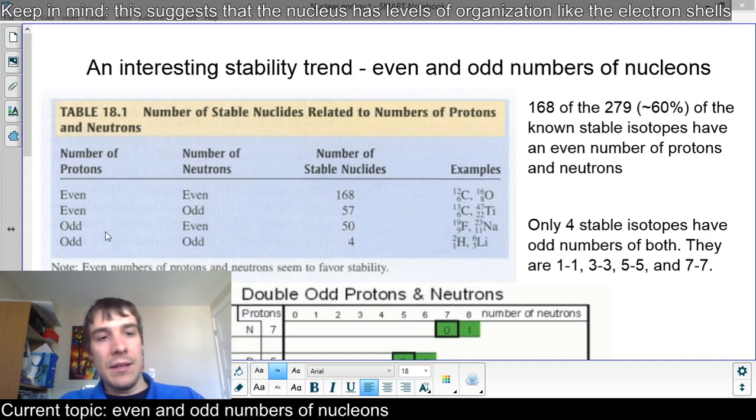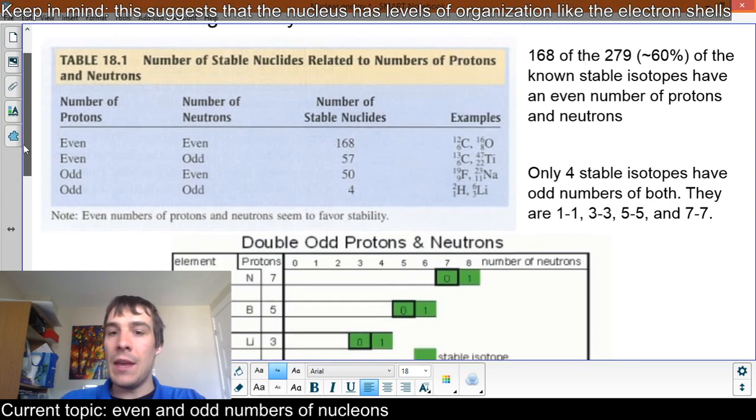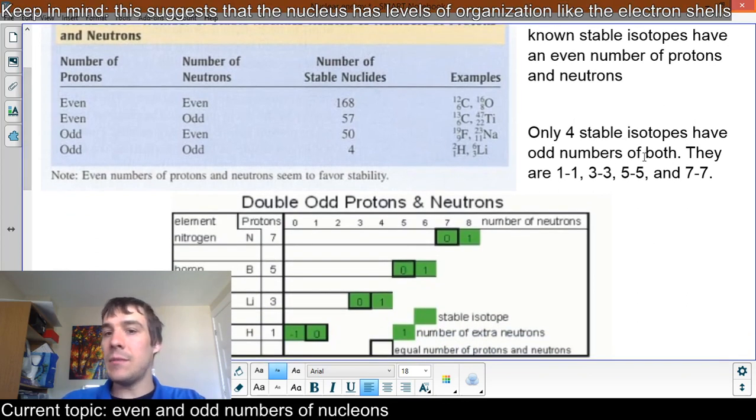And then an odd number of protons and an odd number of neutrons, there's literally only 4 stable nuclides that have odd number of protons and odd number of neutrons. And those 4 stable isotopes are hydrogen 1, lithium 3, boron 5, right?